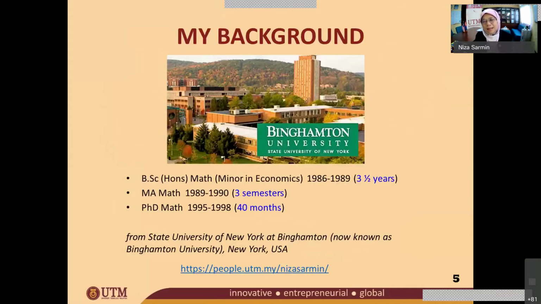Okay. Let me just share a little bit more about my background. And you can see how this has affected my productivity. I graduated with a Bachelor of Science in Mathematics, and I have also a minor in Economics from State University of New York at Binghamton. Now they call it Binghamton University.